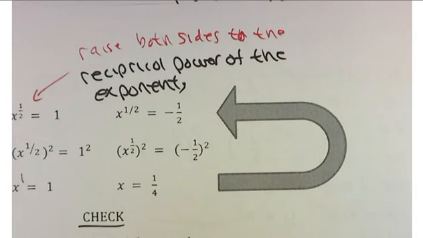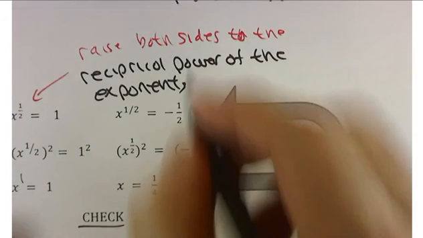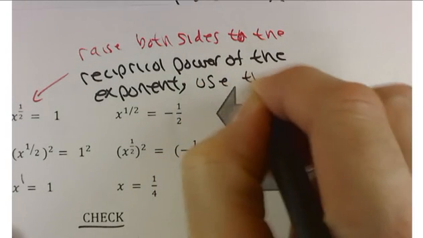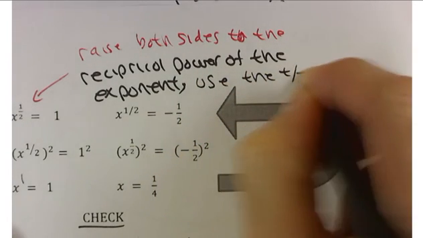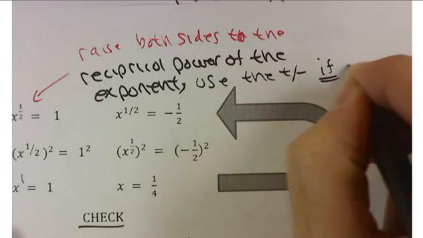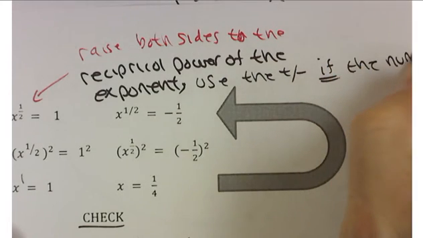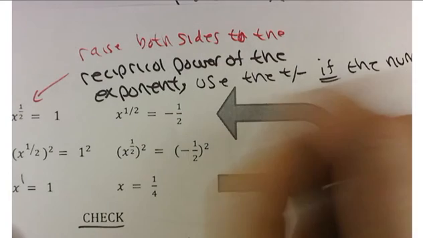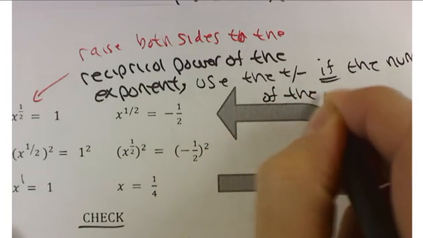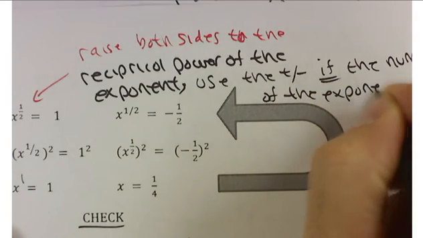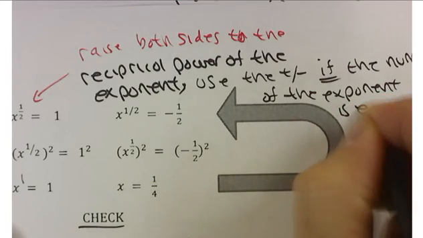And I think I suggested to leave a little extra room here. Use the plus or minus if the numerator of the exponent is even.